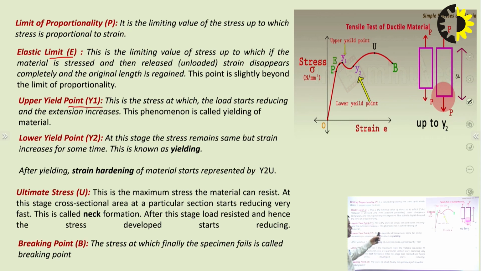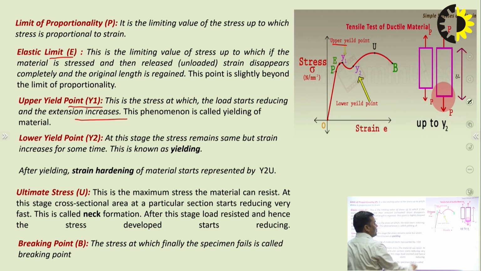This is the stress at which the load starts reducing and extension increases. Beyond point Y1, which is the upper yield point, the plastic deformation of course started from point E, but perfectly plastic behavior of the material starts beyond the point Y1.